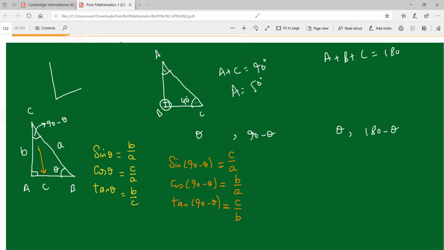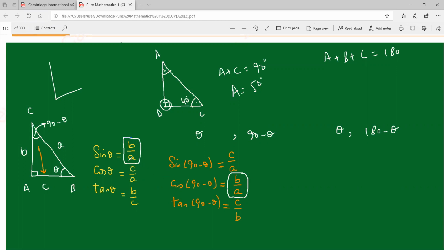Now, if you look at all these six ratios over here, you see that here it is B over A. This is B over A. This is B over A. And this is also B over A. From the same triangle, you have B over A here and B over A there.